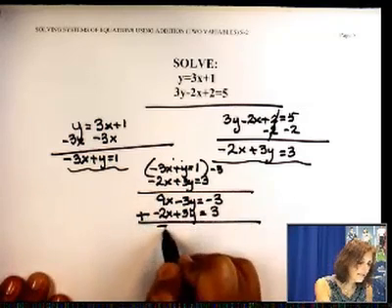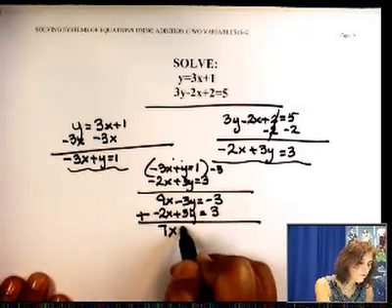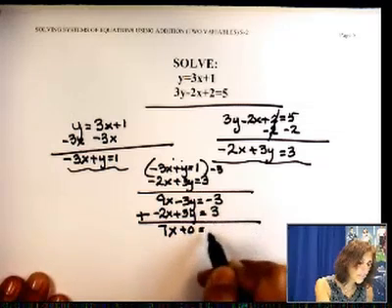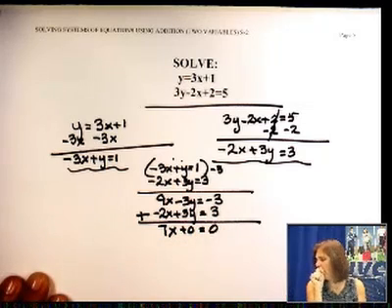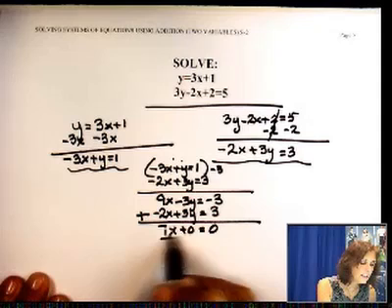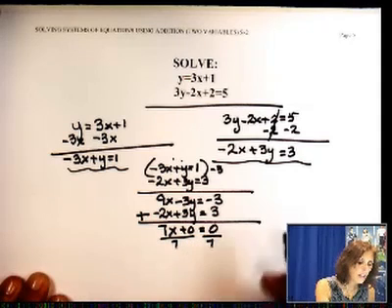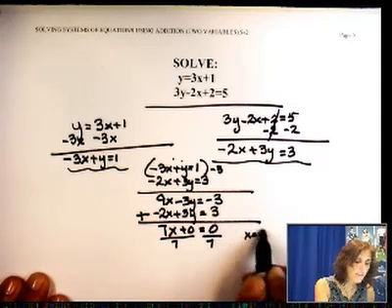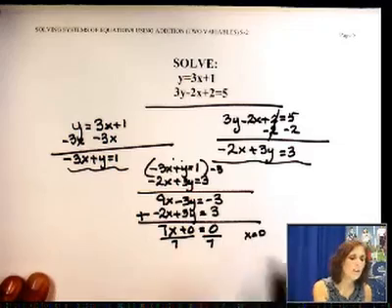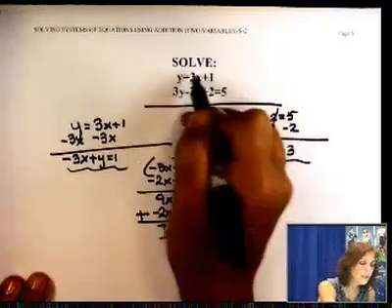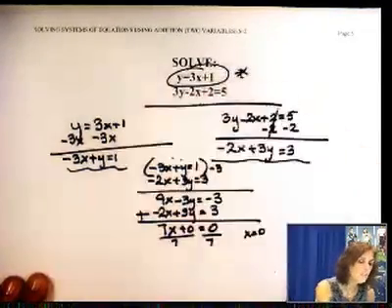9 minus 2, that's 7. These two will give you 0. And this one is 0 as well. Let's divide both sides by 7. I'll get x equals 0. All right. So if x is 0, let's plug it into this equation.